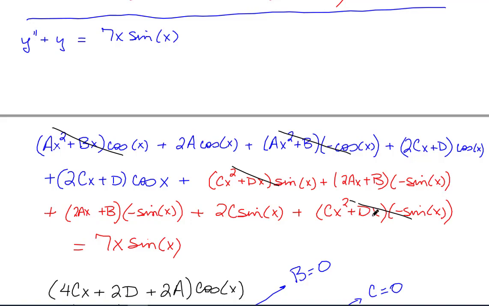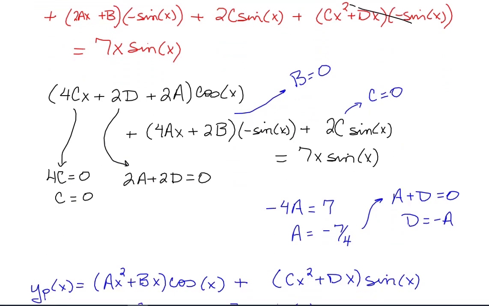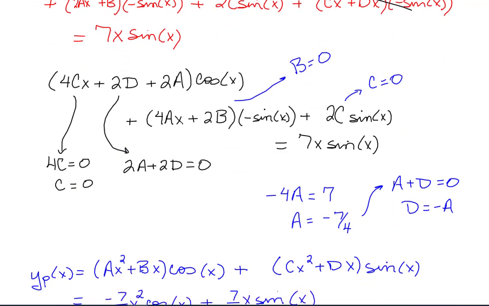Alright, then I tried to gather together the stuff that I have with this cosine, a negative sine, and this sine. And it has to equal 7x sine x.